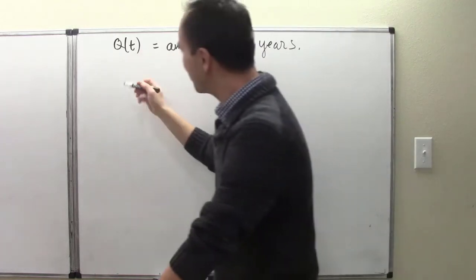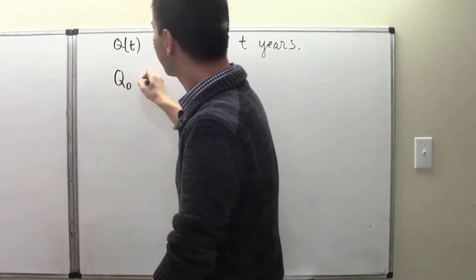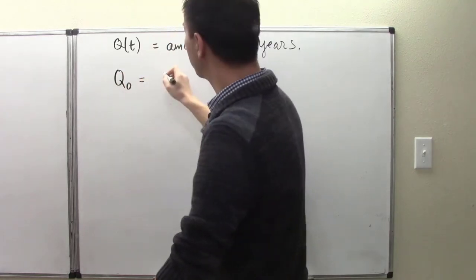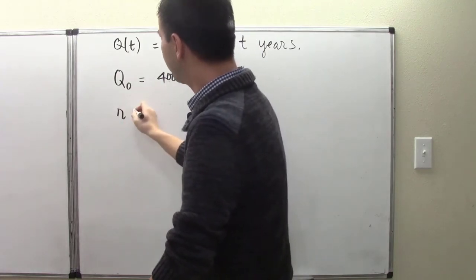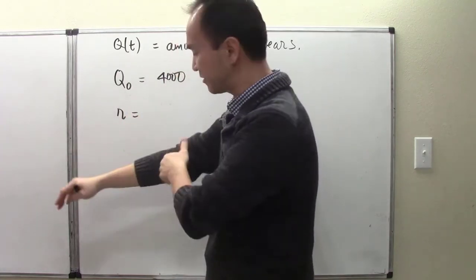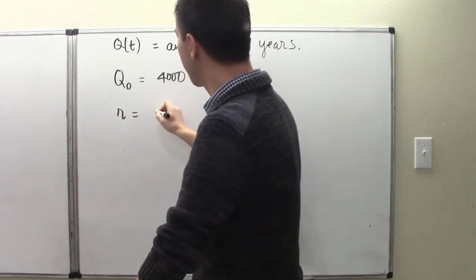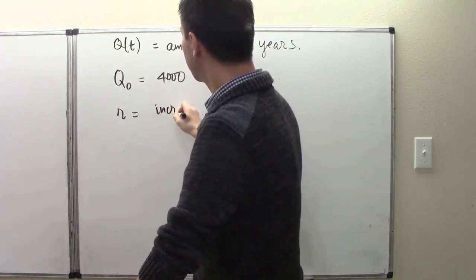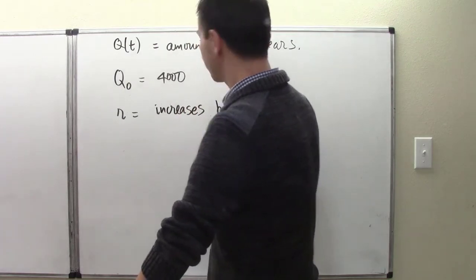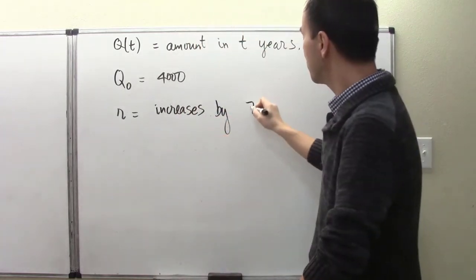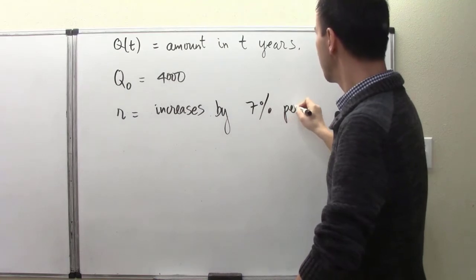And we have Q sub 0, which is the initial amount, being 4,000. And we have that rate, which was simply indicated right out of the box: the amount increases by 7% per year.